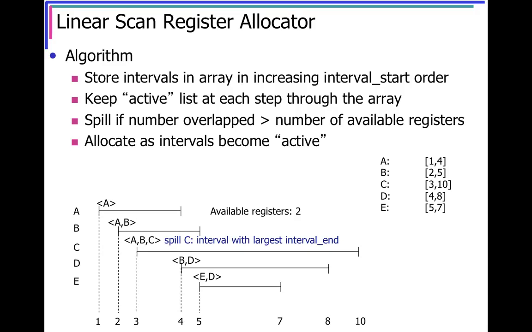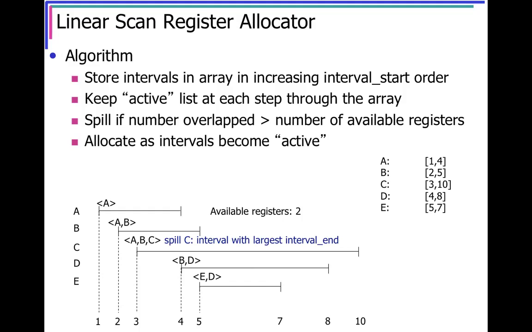Next, we hit instruction number 4. At this time, because of the intervals, A has ended. A's interval end is 4. This means that at instruction number 4, by the way we defined our intervals as greater than or equal to, A is no longer live.